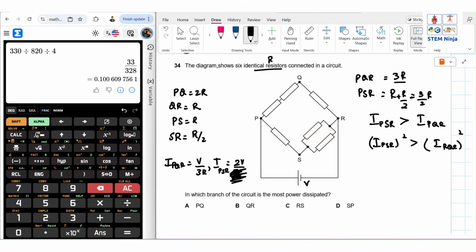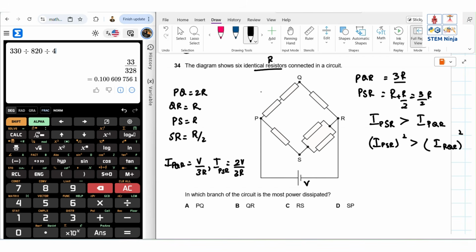Sorry, my bad. I don't know why it's not working. That means it's twice as big. Okay, so that's twice as big. So we don't have to do this. So let's test out each branch now.